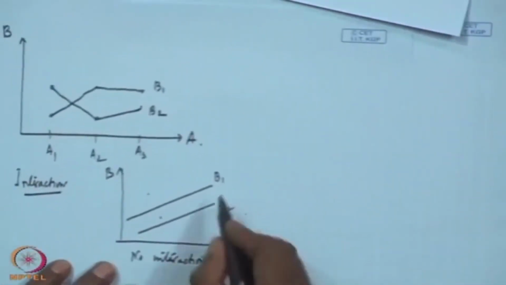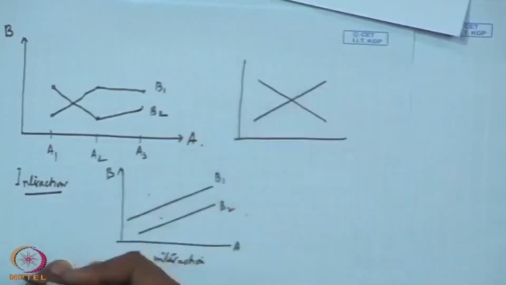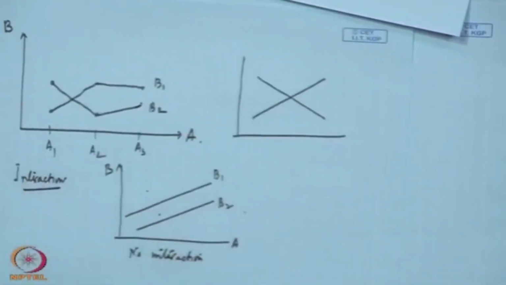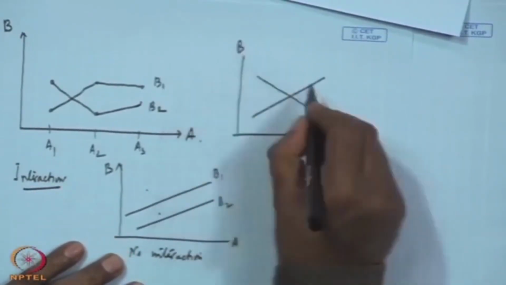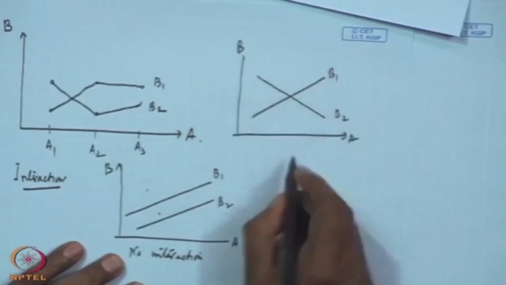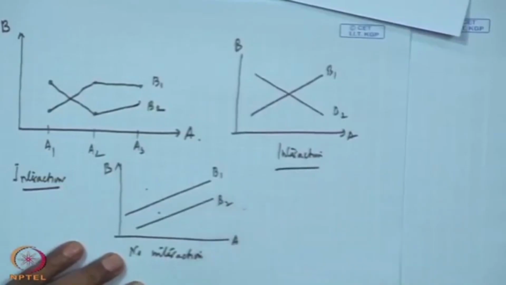When there is interaction, the lines will cross, meaning they will not be parallel. So this shows interaction.